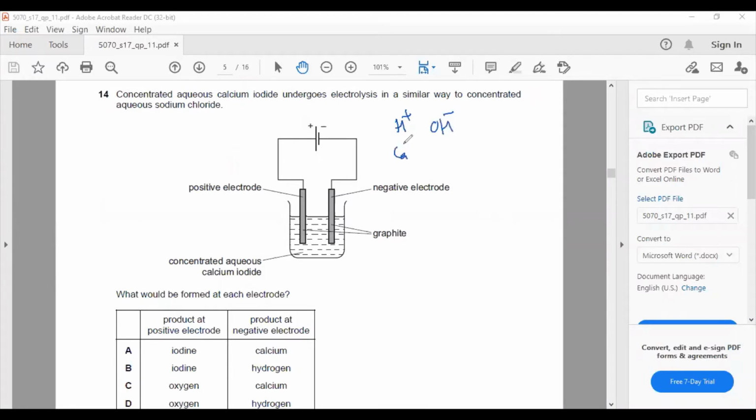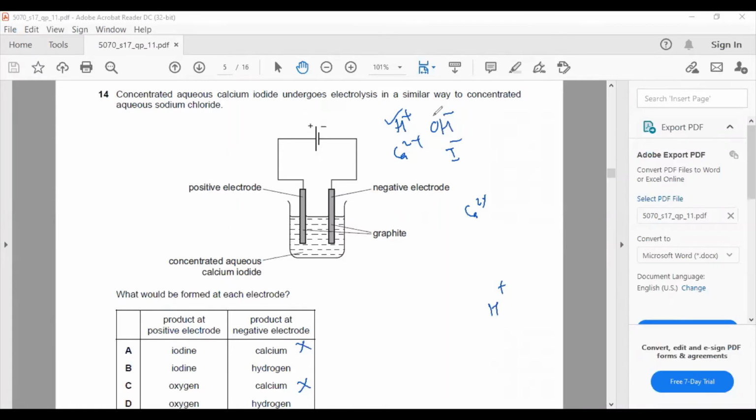Calcium iodide. Because calcium has two positive charges, H plus will be discharged preferentially, because it's lower than calcium in the reactivity series. Calcium is here, H plus is here. So at the negative electrode, you will see hydrogen. So A is wrong, C is wrong.